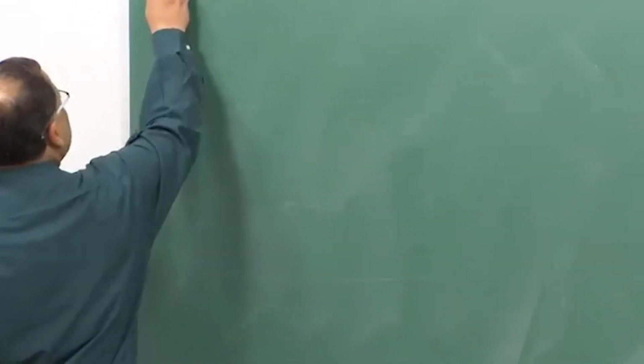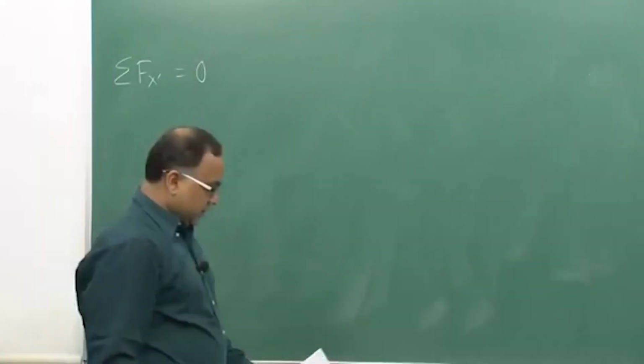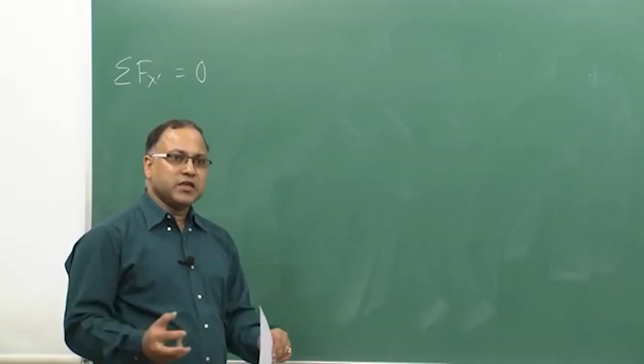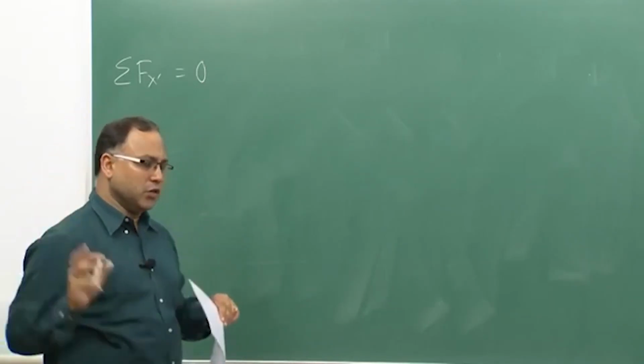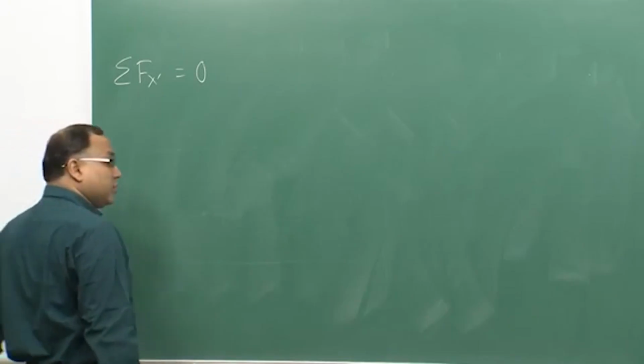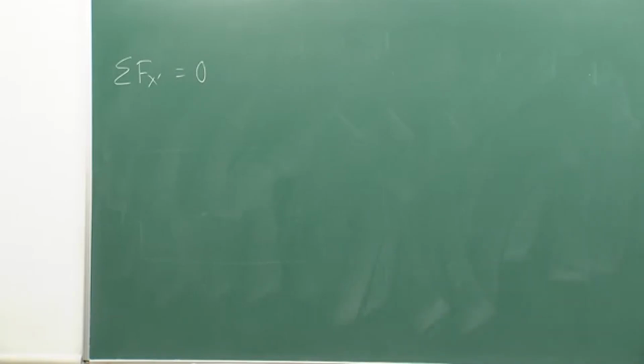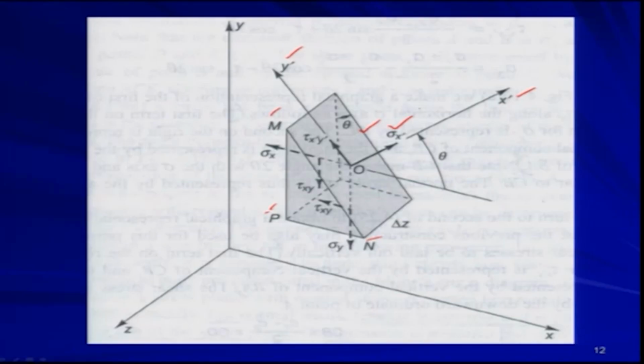Considering summation of F x prime equal to 0, the summation of all the forces acting along the x prime direction is 0. So, what forces are acting along the x prime direction? You will get that from this figure. Let us identify those stress components which cause forces along the x prime direction. First is sigma x prime, the normal stress acting on the MN plane, the inclined plane, along the x prime direction.